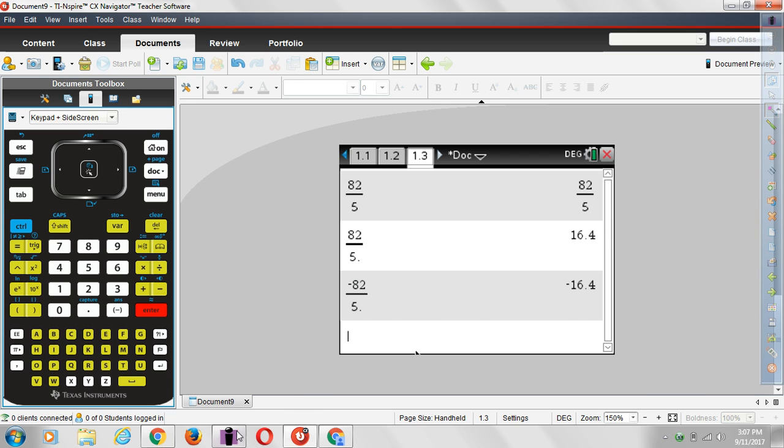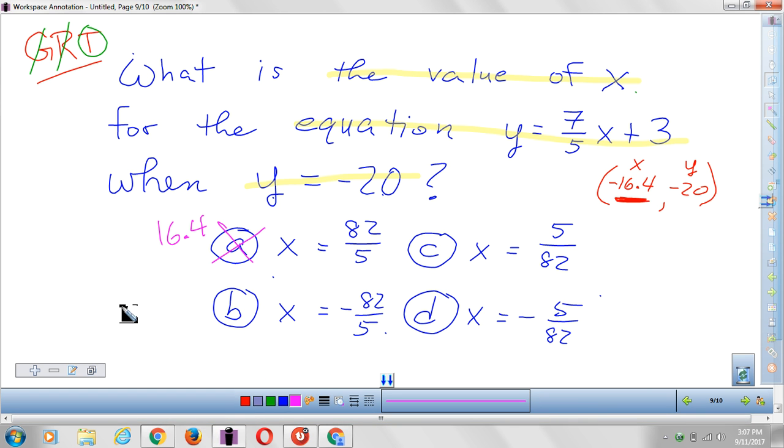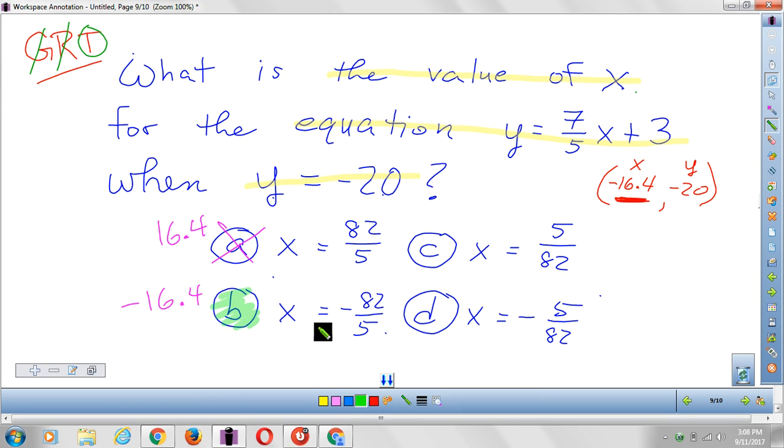There it is, negative 16.4. So for this one, negative 16.4 turned out to be this option. So that means that without going any further, I already know that choice B is the correct answer because the fraction and the decimal are equivalent, negative 16.4 and negative 16.4.